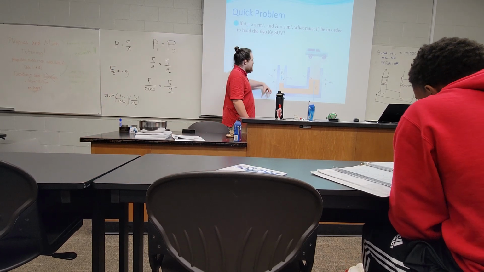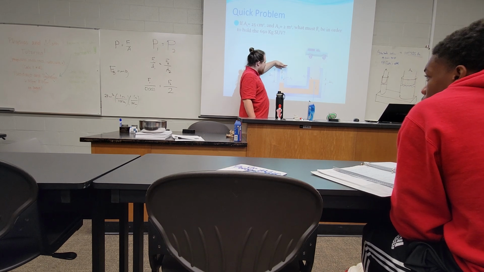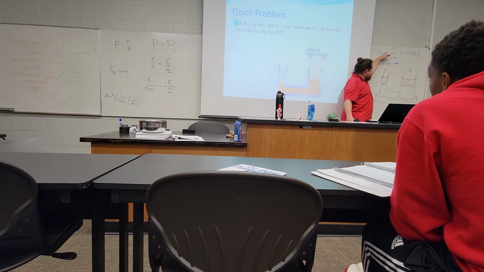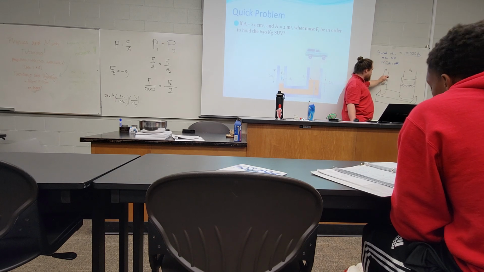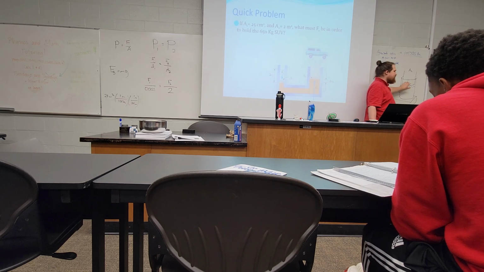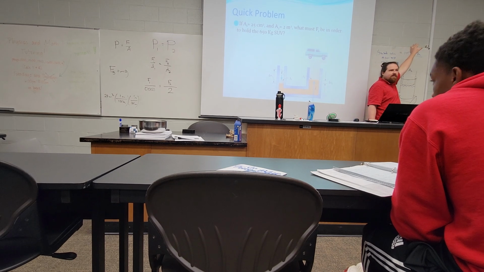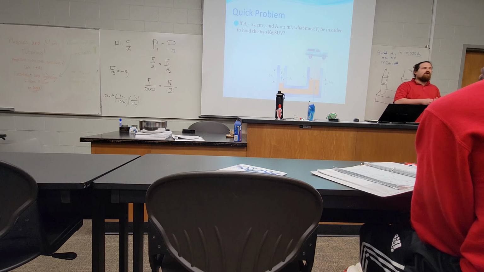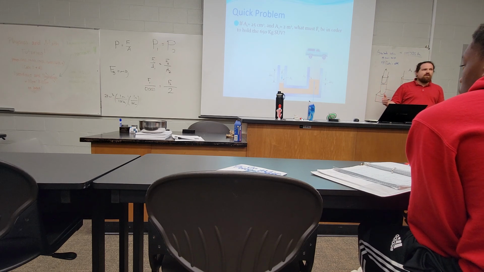Because the way that this machine would work is someone could physically press down on this cylinder, so they're exerting a force over this surface area that's going to push down on the liquid. That liquid's going to flow out into the reservoir and exert the same pressure up on the other side. But since that side has a bigger area, it's going to output more force for the same pressure.